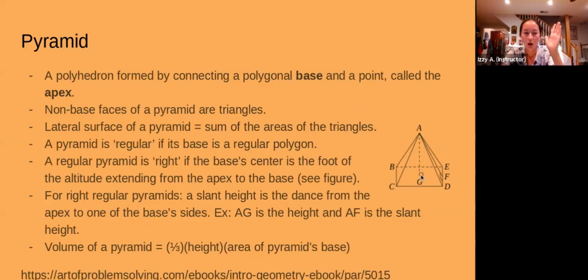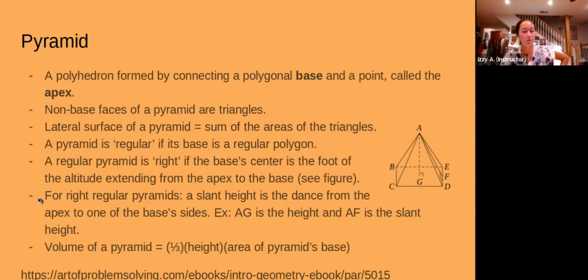So then the height, or this imaginary line, for example AG, is not going to be a 90-degree angle, so that's not going to make it a regular pyramid.